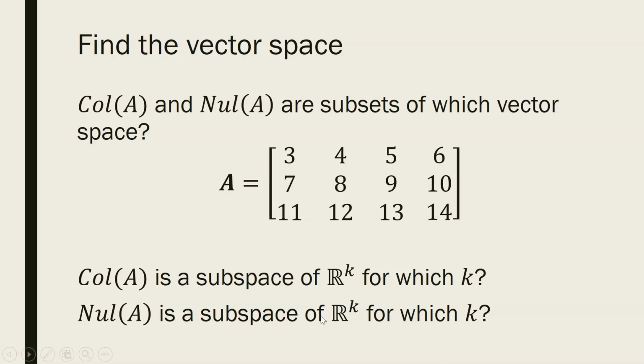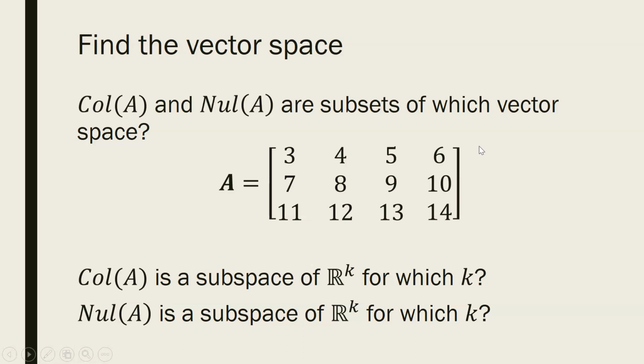All right, so the column space has to be linear combinations of these vectors. These vectors have all 3 entries, so the column space is a subspace of R3. The null space, well, in order for a vector to be in the null space, this matrix has to multiply by the vector.